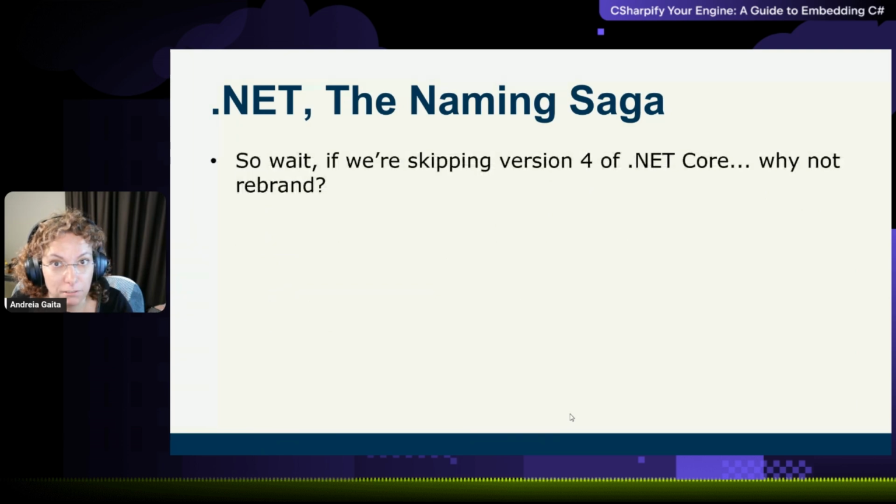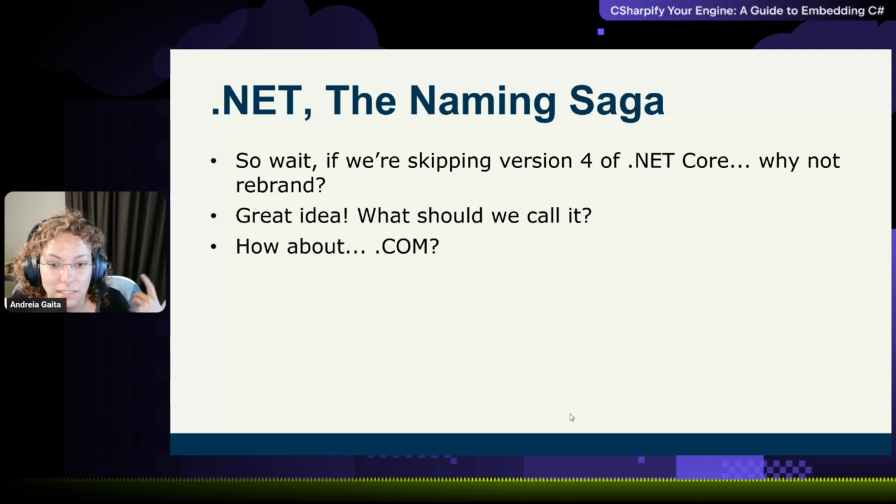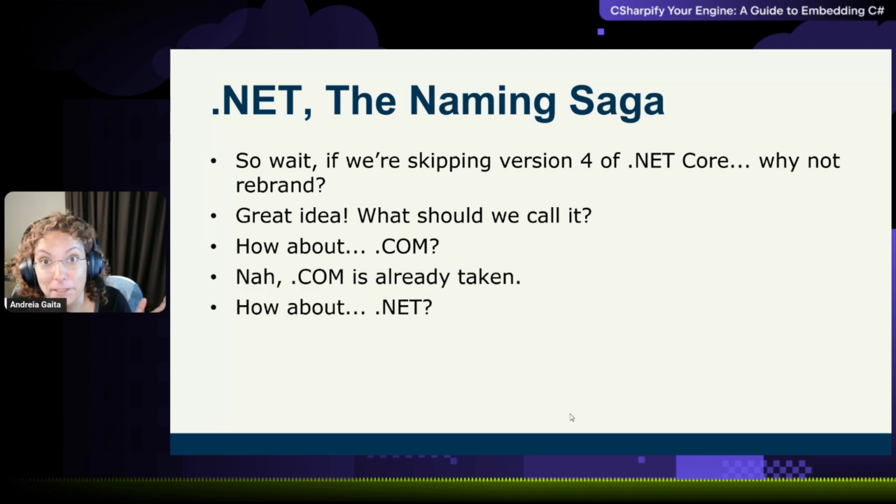But if we're skipping .NET Core 4, we might as well rebrand the whole thing, because we don't really like this. .NET Core is kind of weird. And let's call it, what are we gonna call it? .com? That's silly. Maybe .NET.